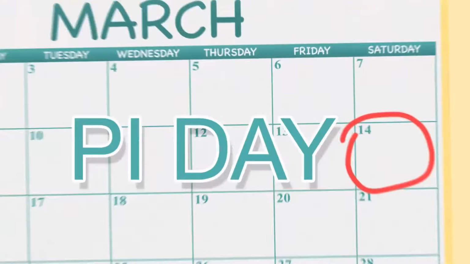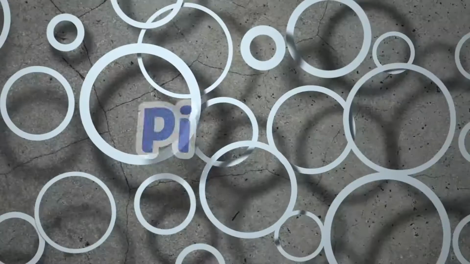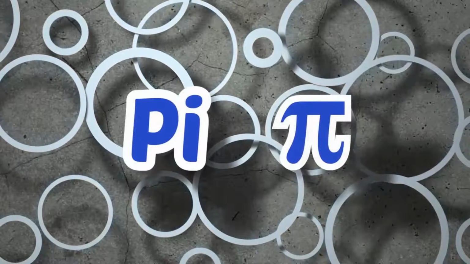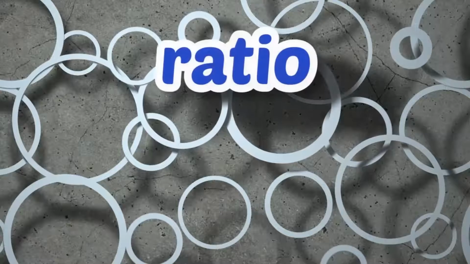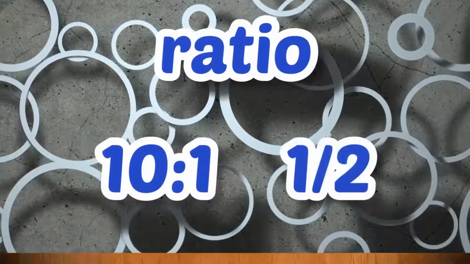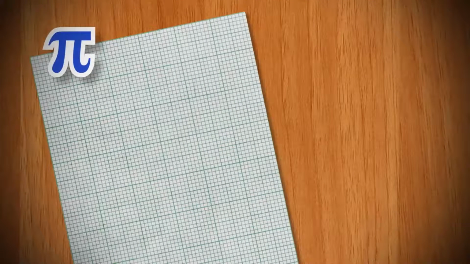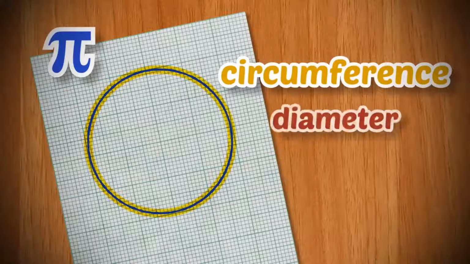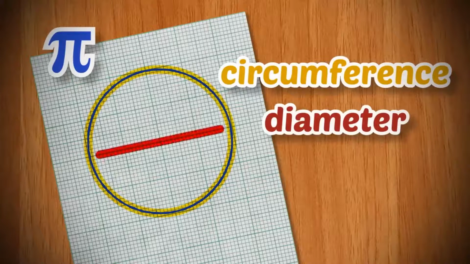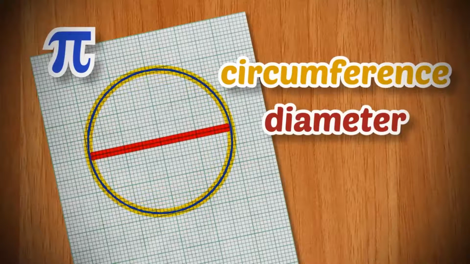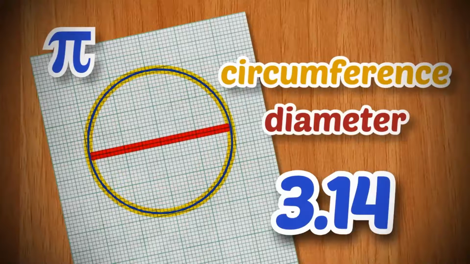March 14th is Pi Day. Pi, which is represented by this symbol, is a very special ratio. A ratio is a relationship between two numbers, like 10 to 1 or 1/2. Pi is the ratio of a circle's circumference, the distance around the circle, to its diameter, the distance across the center of the circle. No matter how big or small the circle is, this ratio is always pi, or approximately 3.14.